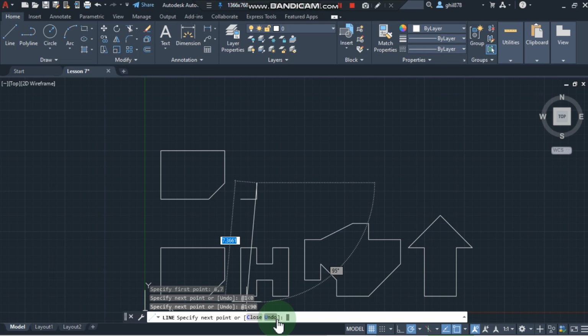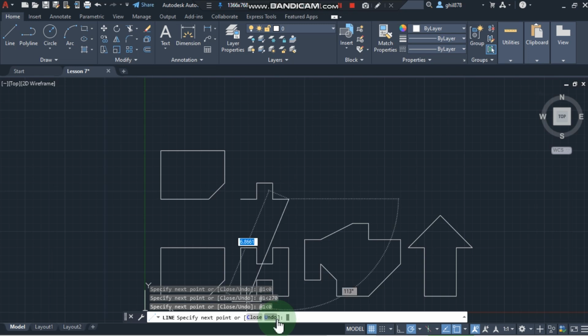To the right at 1, angle of 0 degrees. Then at 1, angle of 270 degrees. So you have to memorize those angles. At 1, angle of 0 degrees.